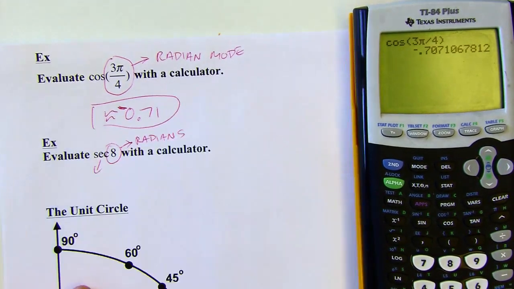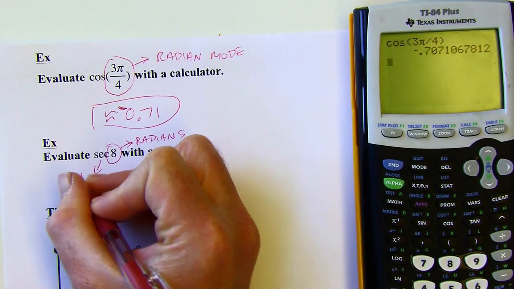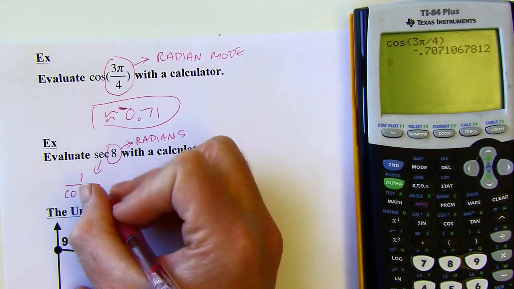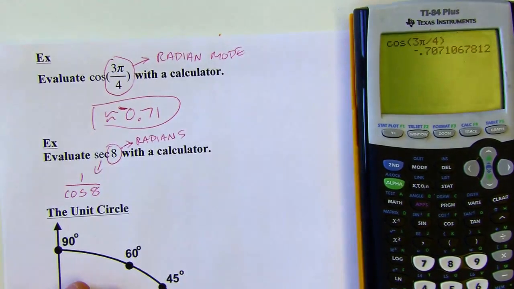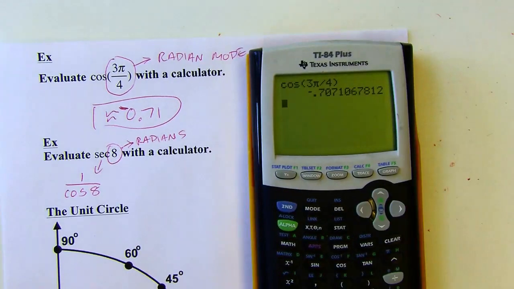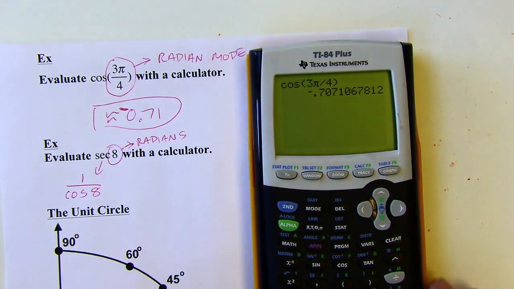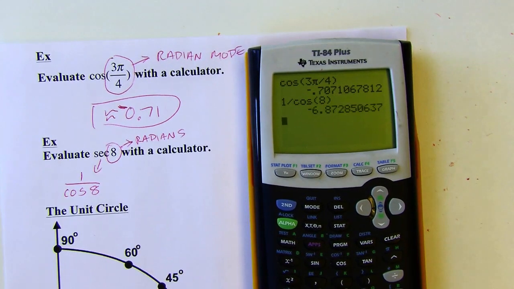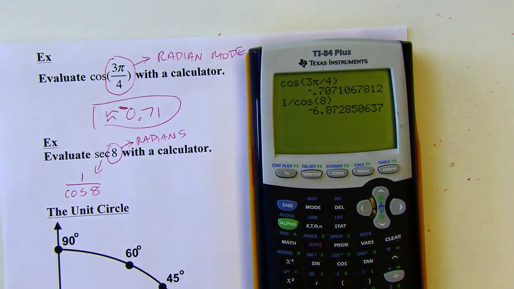You can see the last section notes for a more in-depth explanation of that. So this is going to equal 1 over the cosine of 8. So that's how I'm going to put it into my calculator: 1 over the cosine of 8. And that's going to put me at negative 6.87 roughly.